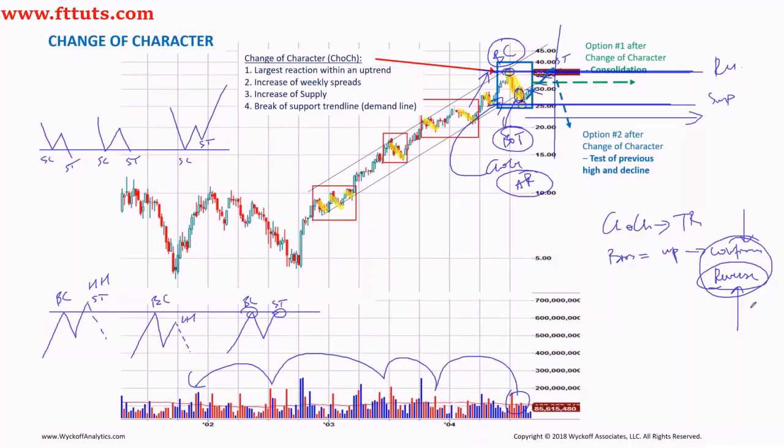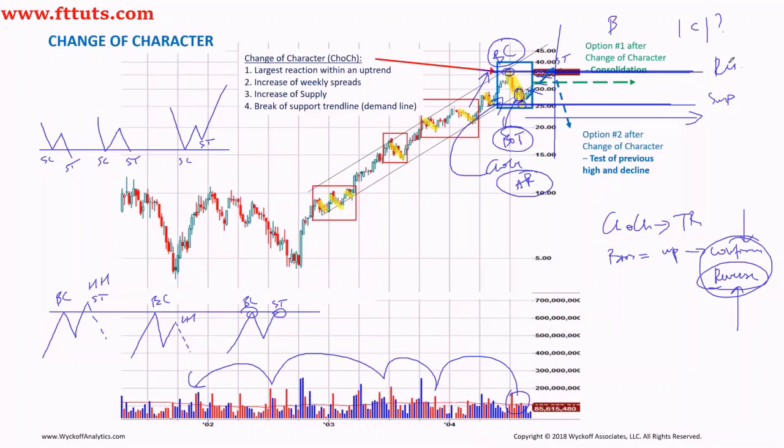This is just phase A. I still have to go through phase B and then phase C and to define that bias going into phase C. So I will not be participating as a swing trader in anything that's unfolding right now.